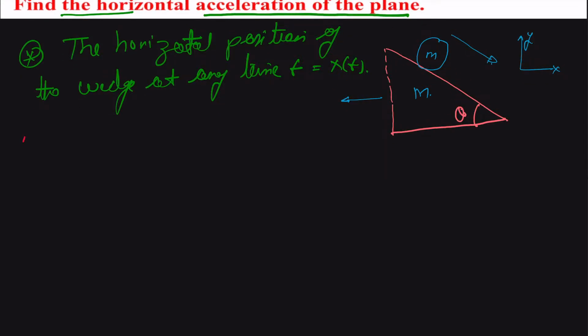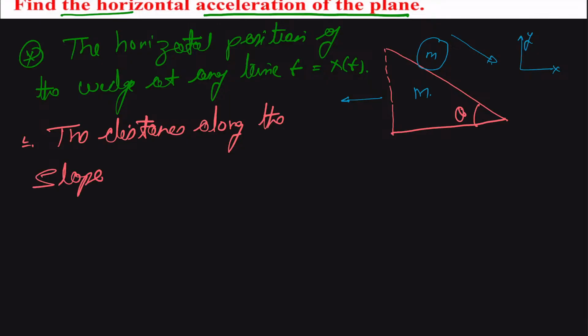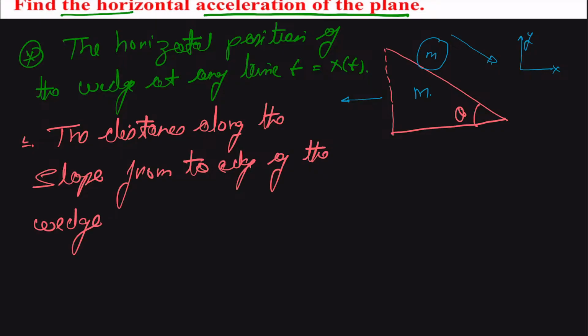So we say that the distance along the slope from the top edge of the wedge is our s of t.